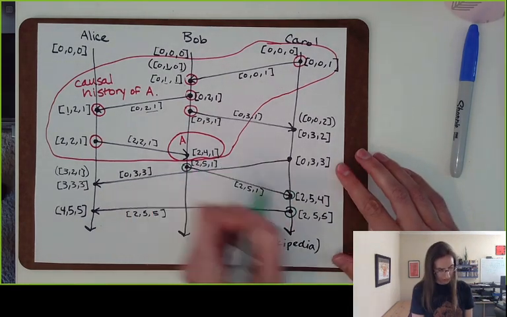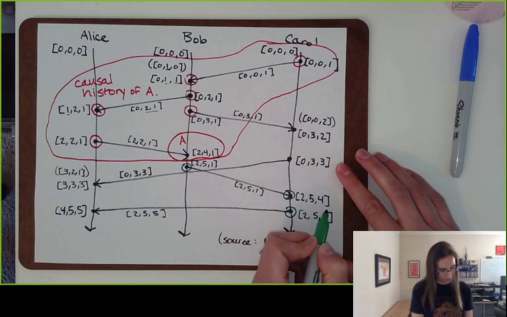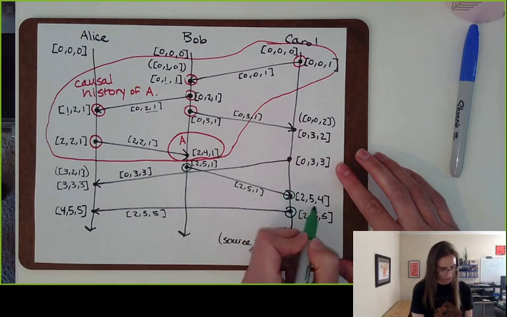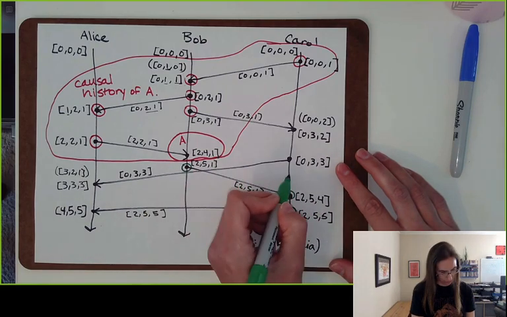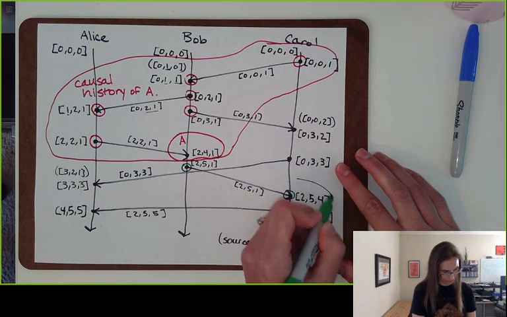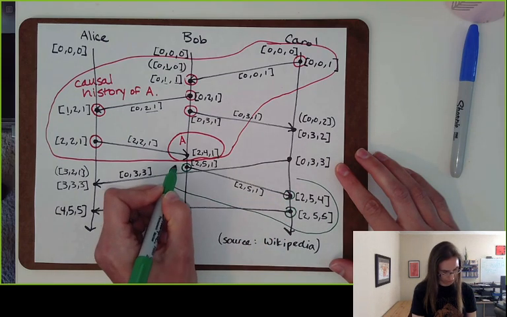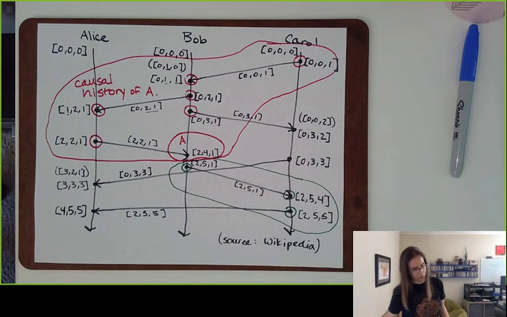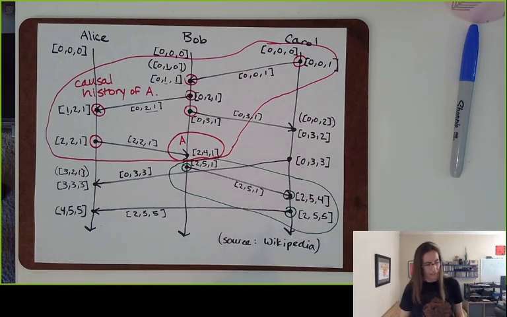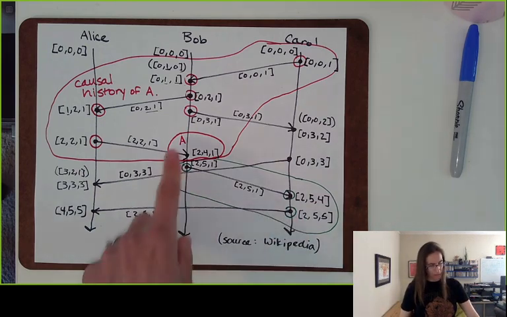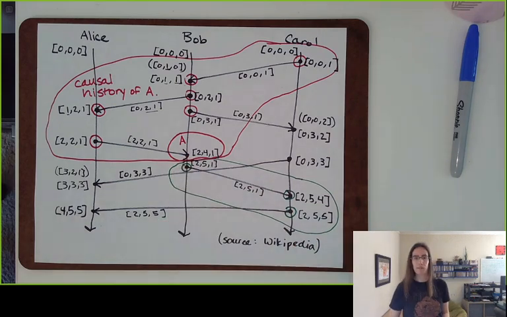Well, we see that they have values that are greater than or equal to A's vector clock in every entry. So I can circle these up as well. There's not really a name for this set of events. I guess I could call it the causal future of A or something like that. But you get the idea. These are things that we can see happened later than A according to the happens before relationship.